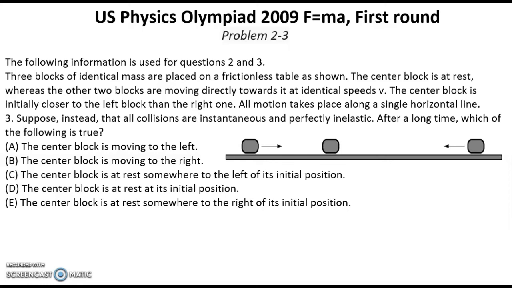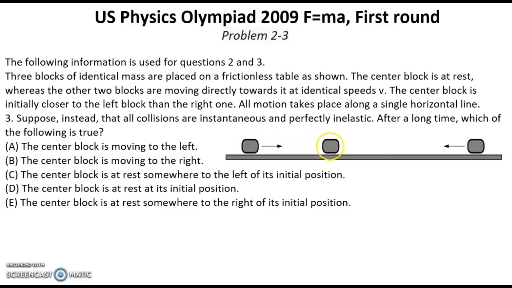Solution. Because all collisions are perfectly inelastic and the total momentum of the whole system is 0, it means that after all collisions they will stop moving somewhere. But what happens? The first collision will be between the left block and the center block.